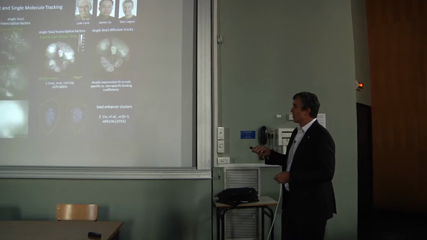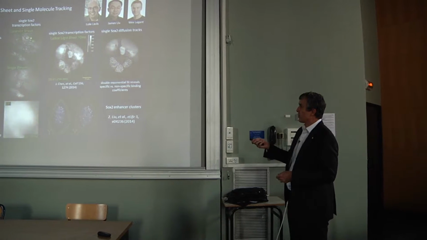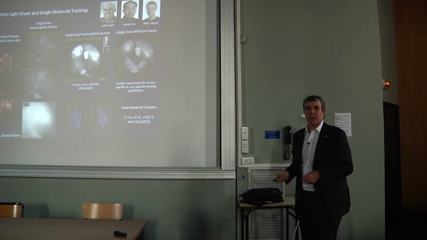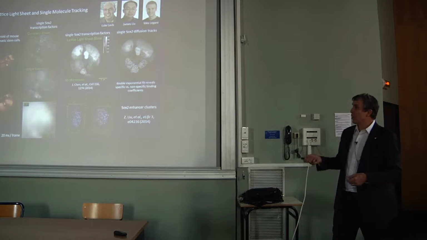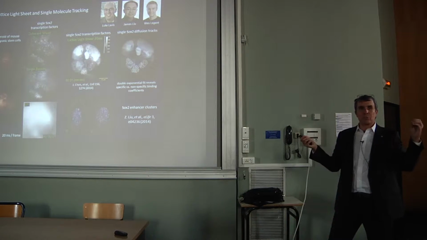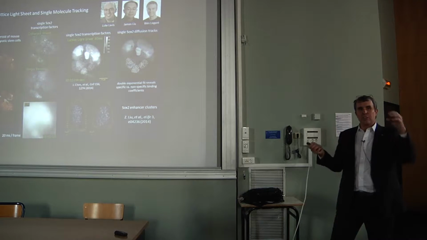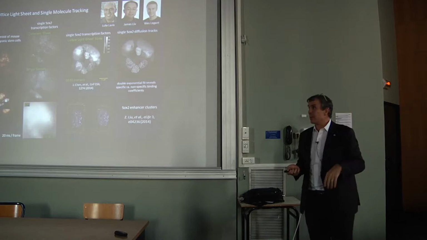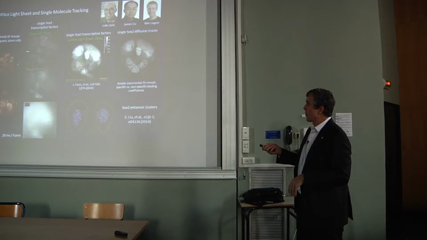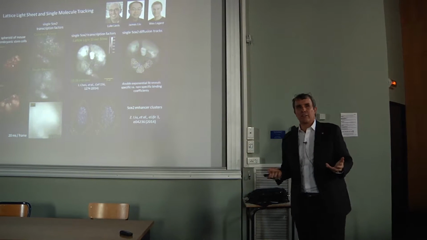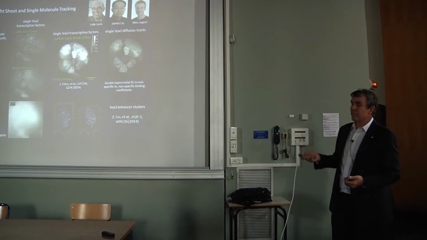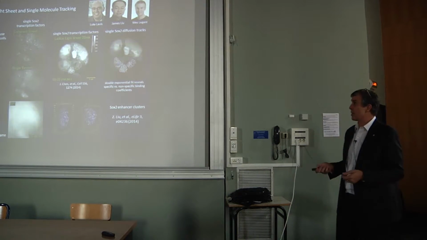If you illuminate the whole thing to try to look at these transcription factor molecules, all the out-of-focus molecules make it impossible. It's just a haze. But if you take a light sheet that's thinner than the depth of focus of our detection objective and park that at one plane, then only molecules that are in focus get illuminated, and you get very high signal to noise to be able to see those molecules.